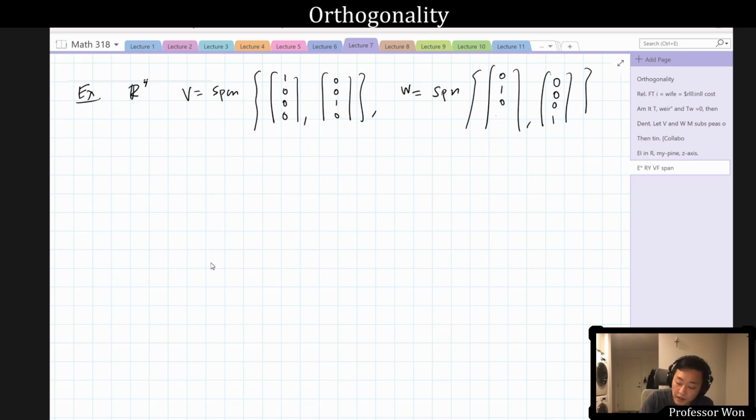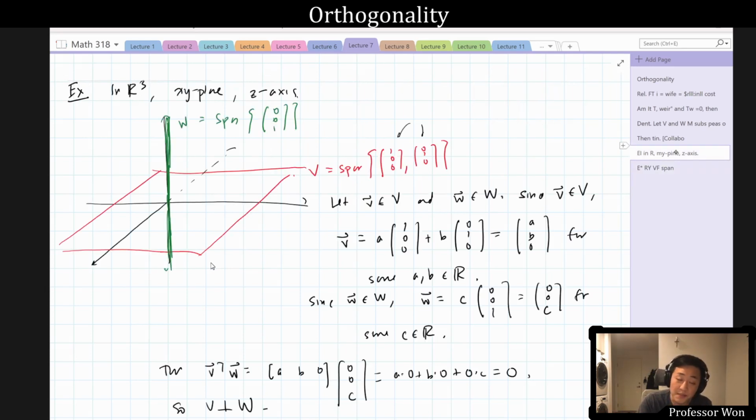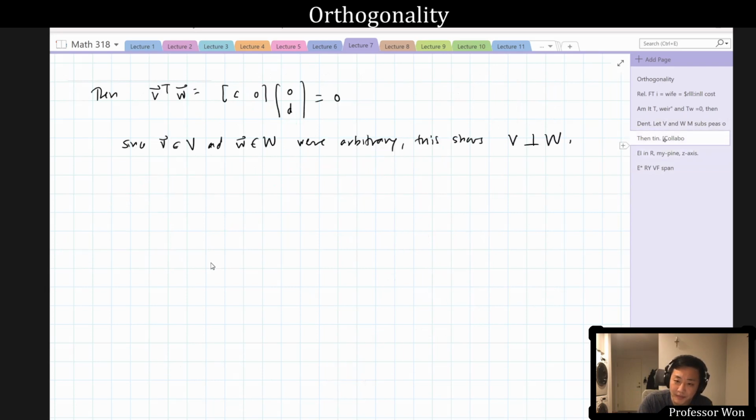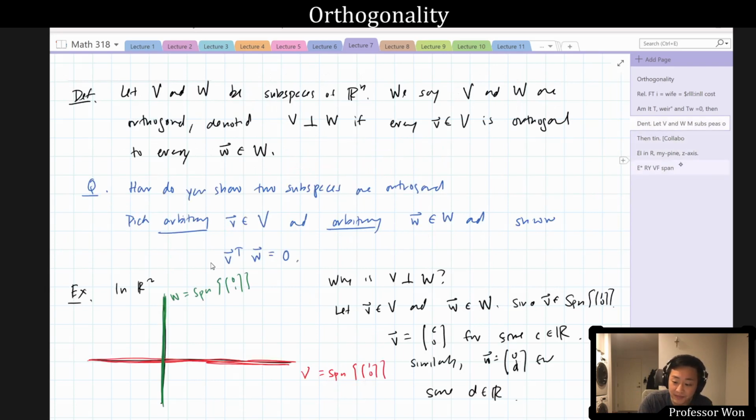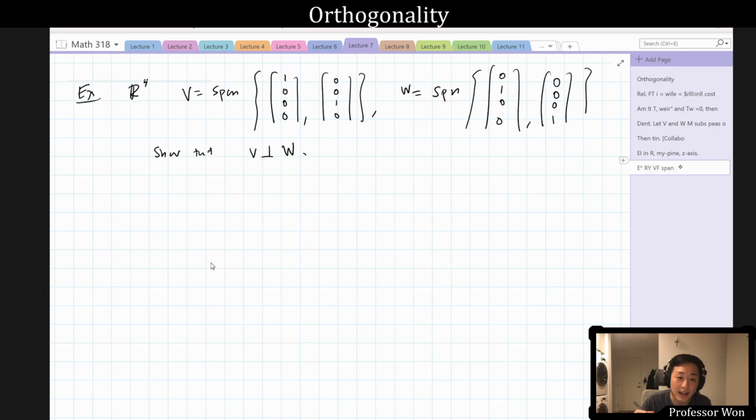Again, we can't really picture these because they live in four-dimensional space, but they're two-dimensional planes in four-dimensional space, and they will be orthogonal to each other because you can show it. So you should show that V is perpendicular to W, just as practice, okay? I've done this millions of times in my life. You haven't, so you should do it. It's exactly the same argument, though, as in the previous two examples.